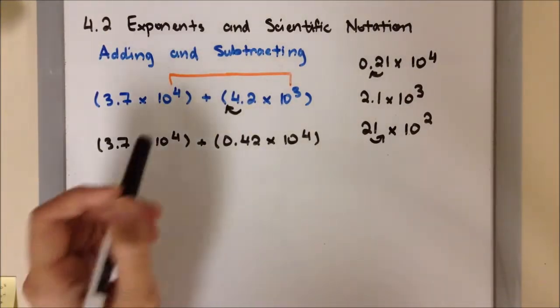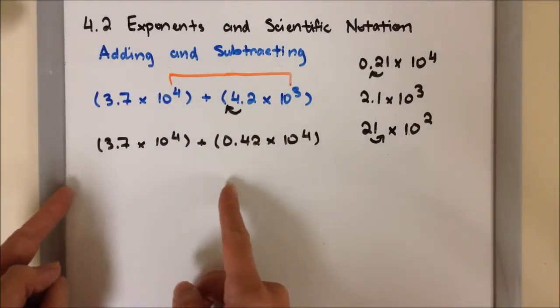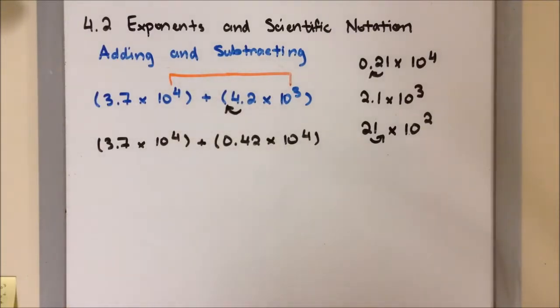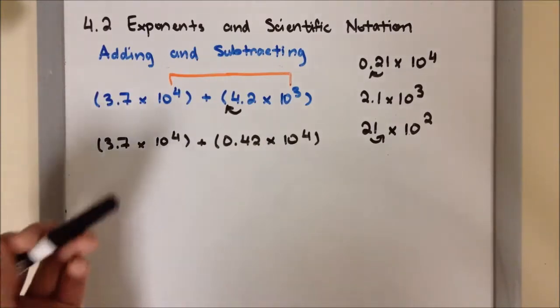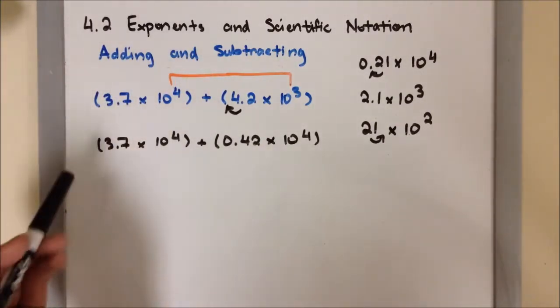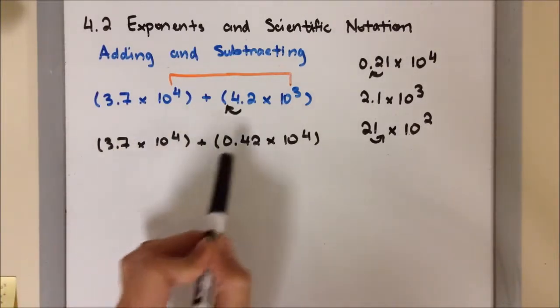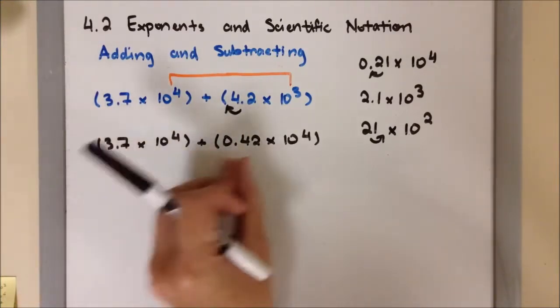So had this been like 10 to the 7th, then you would have had a long number for the first one, and then another long number for the second one. And it's just going to waste a lot of space, and you have to keep track of all your zeros. Whereas scientific notation actually helps us add. So even though it's with decimal numbers, it's going to be pretty easy since it's only 2 numbers here and 3 numbers here.